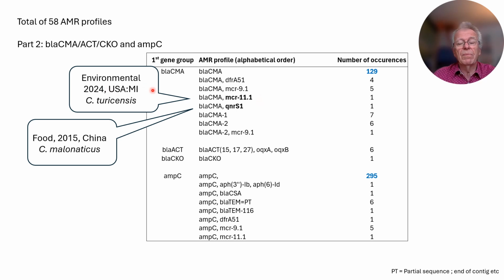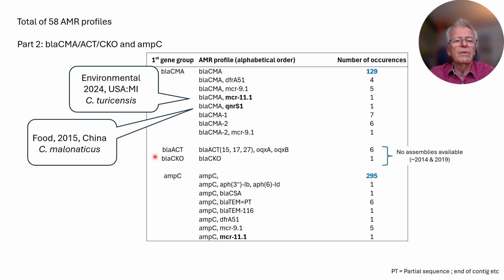Looking that particular one up, it's from Michigan in USA, 2024 environmental swab sample, and that's a Cronobacter tersiensis. This one here with a quinolone resistance was from food way back 2014, and that's melanoticus. And then we do have these here, the ATC and the CKO.